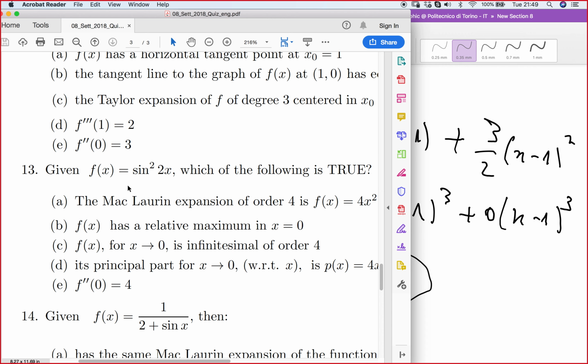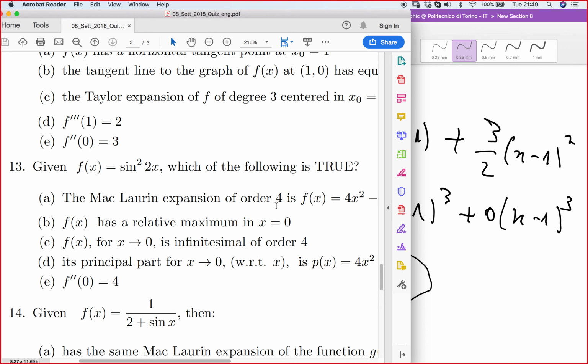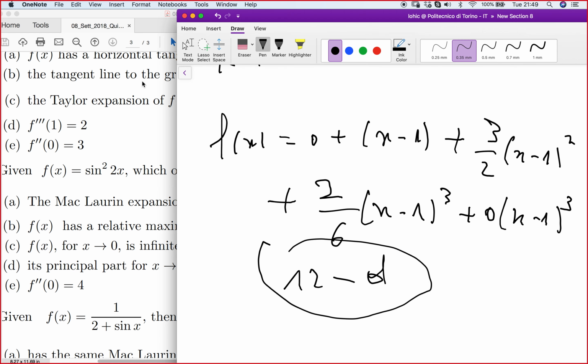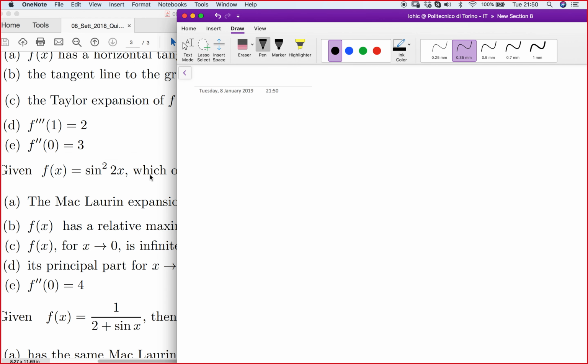Okay, so you are given the function f of x equal to sine squared of 2x. Which of the following is true? Let me clean the board. So we have the function f of x equal to sine squared of 2x.